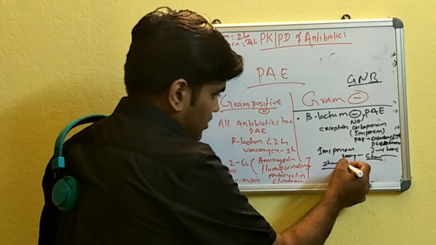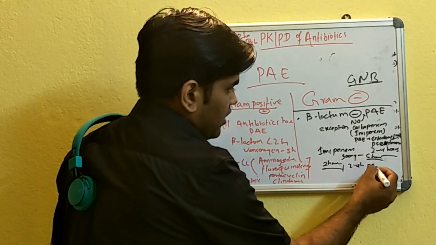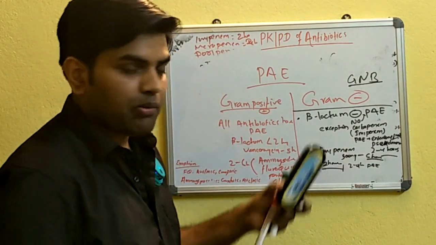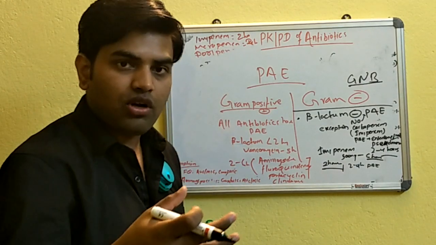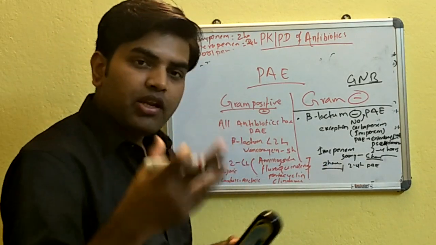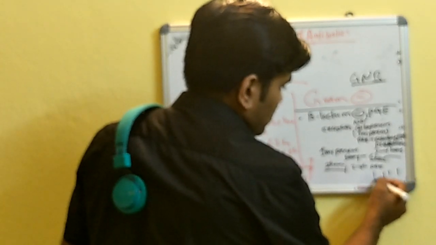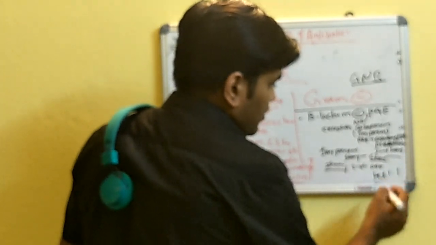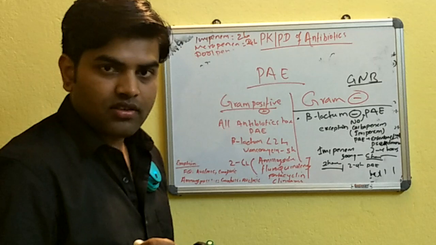Even when the concentration has gone, for 2 to 4 hours it will have post antibiotic effect. So if you are giving imipenem to a critically ill patient over a prolonged 2 hour infusion, then 2 hours is above the MIC, and the remaining time in the 6 hourly interval will be covered by the post antibiotic effect.